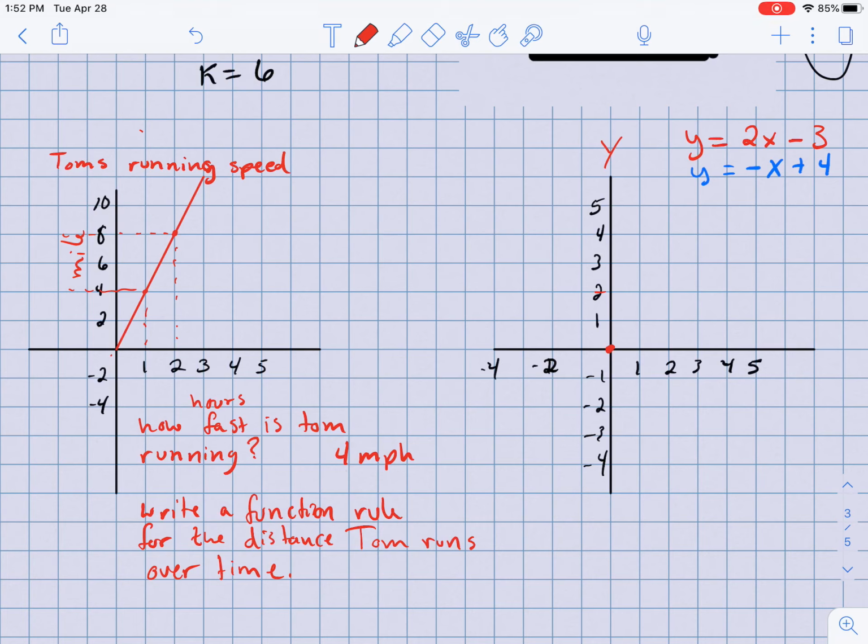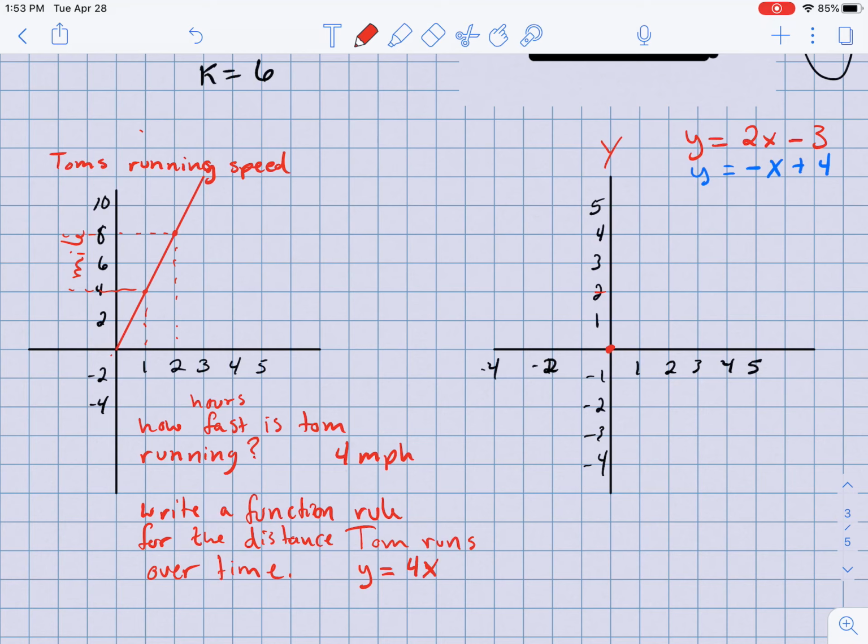Now to write a function rule, we're going to use that speed. It says a function rule for the distance Tom runs over time. The distance he runs is our y value. So y is equal to his speed times his hours. He's running 4 miles in 1 hour, so that's his speed, or the coefficient, and the hours are going to be x.